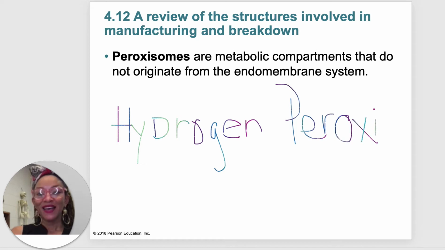So we buy it in the store, but our body actually makes it naturally. So it's something called H2O2 or hydrogen peroxide. And our body uses that to digest certain things and also to kind of further manipulate our lipids. All right, so that's the last part of the endomembrane system.